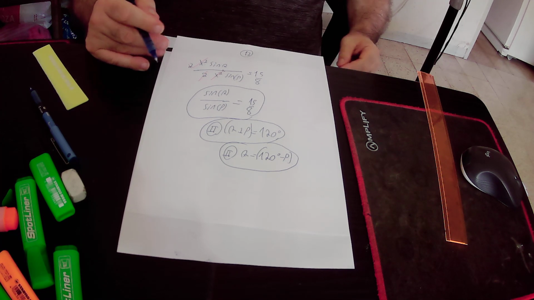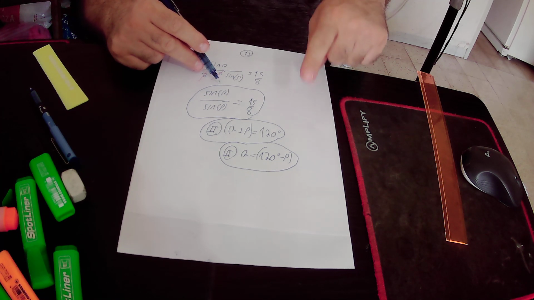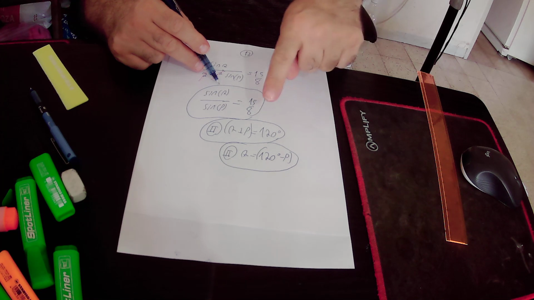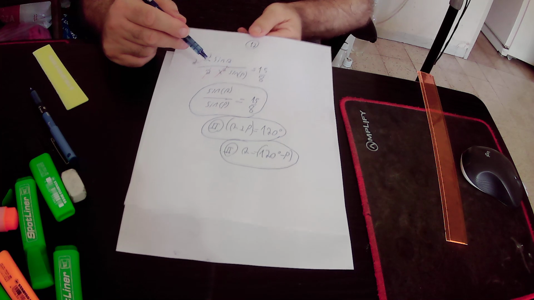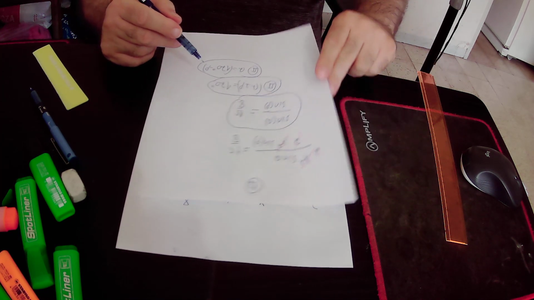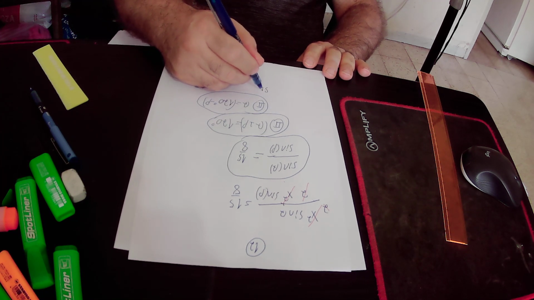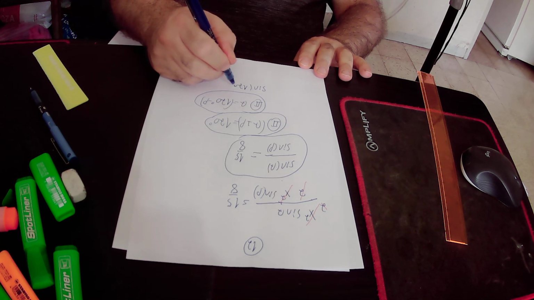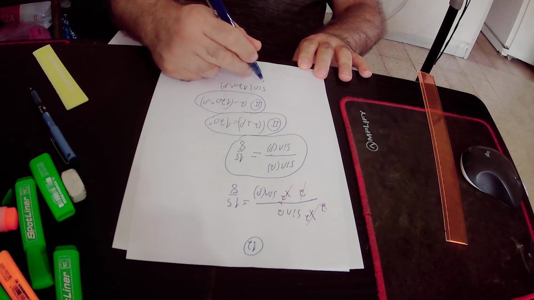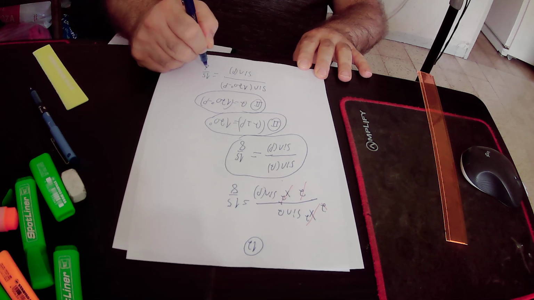So here we can substitute q in this equality by 120 degrees minus p, because q equals 120 degrees minus p according to equation number 2. So we will do it now, and we will get that sine of 120 degrees minus p over sine p equals 15 over 8.